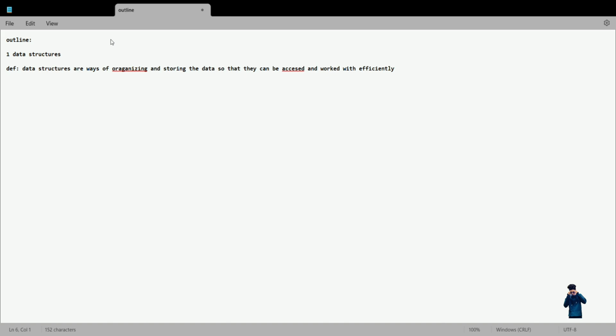After that, here we go to see common data structures in computer science.